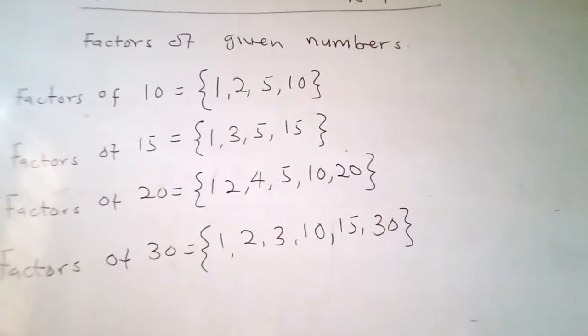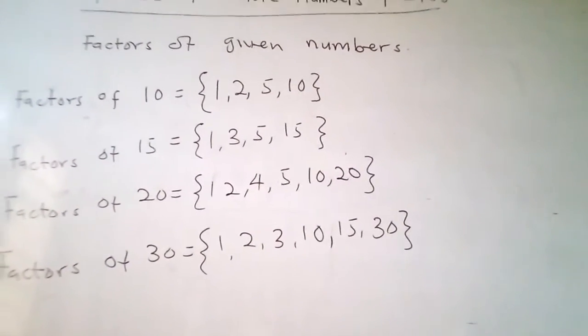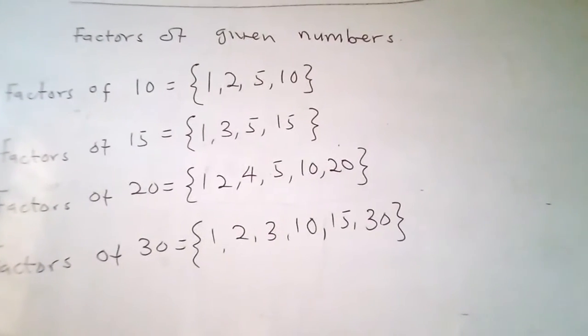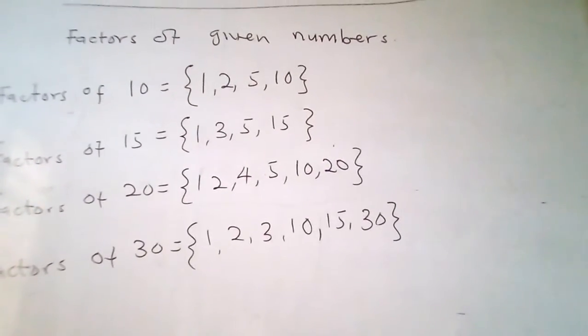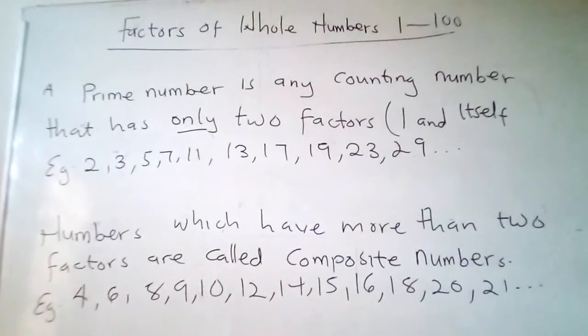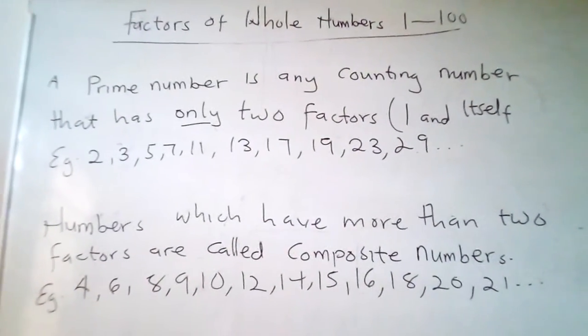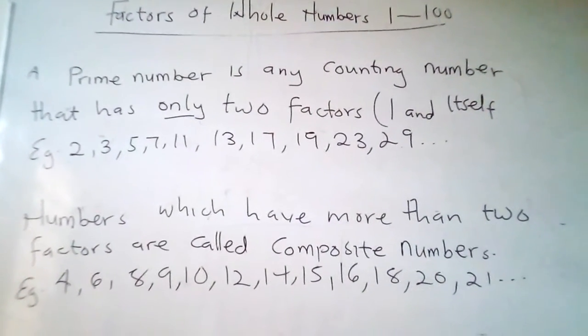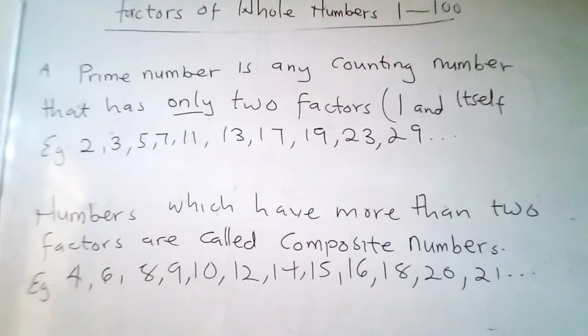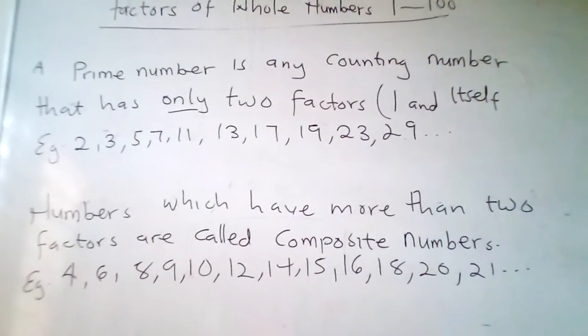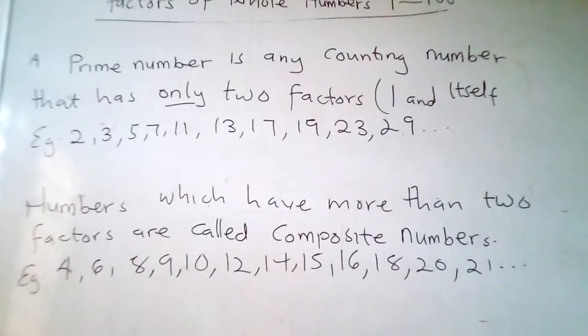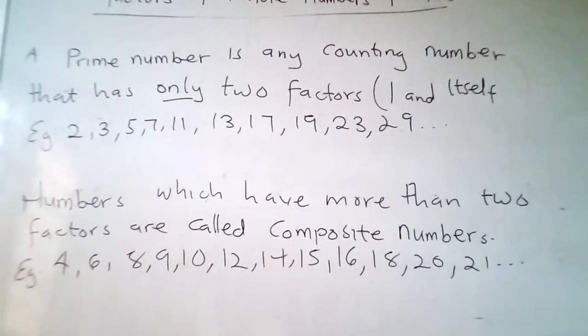Now let's look at prime numbers and composite numbers. A prime number is any counting number that has only two factors, 1 and itself. For example, 2, 3, 5, 7, 11, 13, 17, 19, 23, 29, and so on.